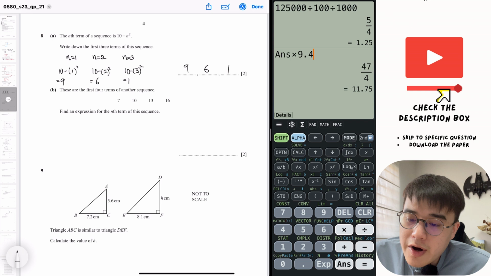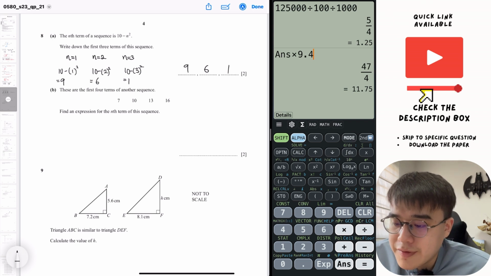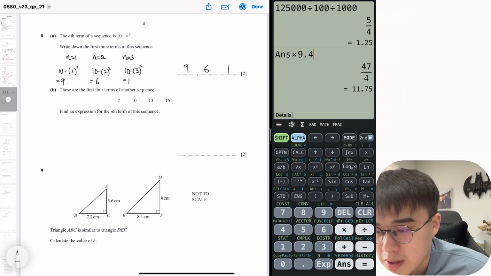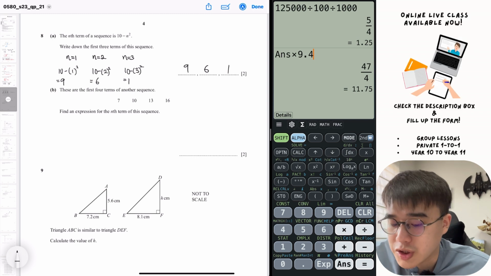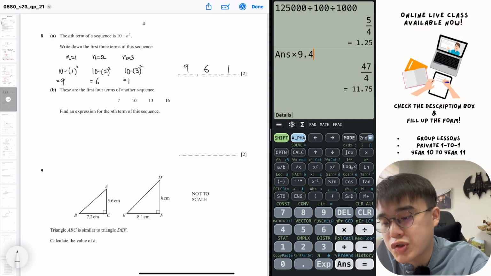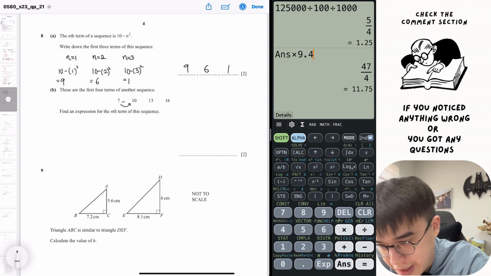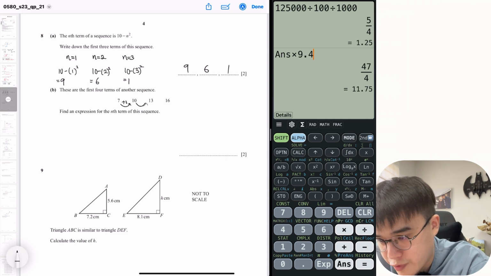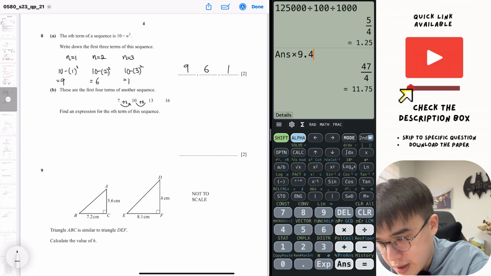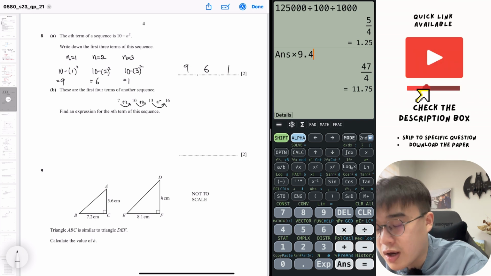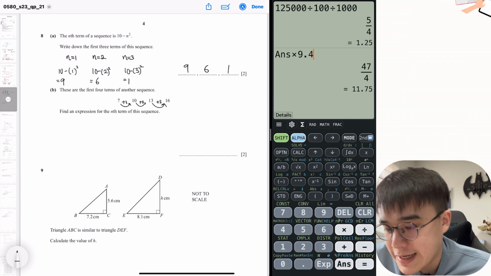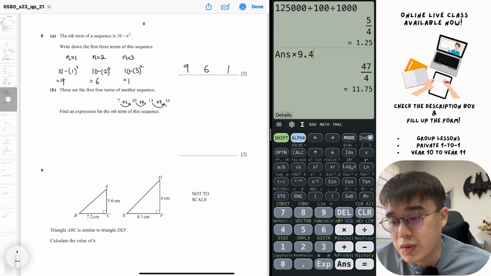Moving on to the next part, we have another sequence. They want us to find the n term equation. So I'm going to look into each term's differences first. It was increasing by 3 every single time as they move forward. This constant change means that it is actually an arithmetic sequence.